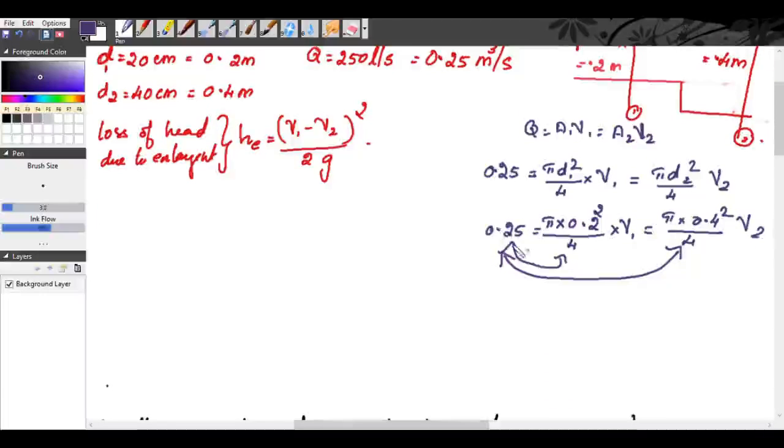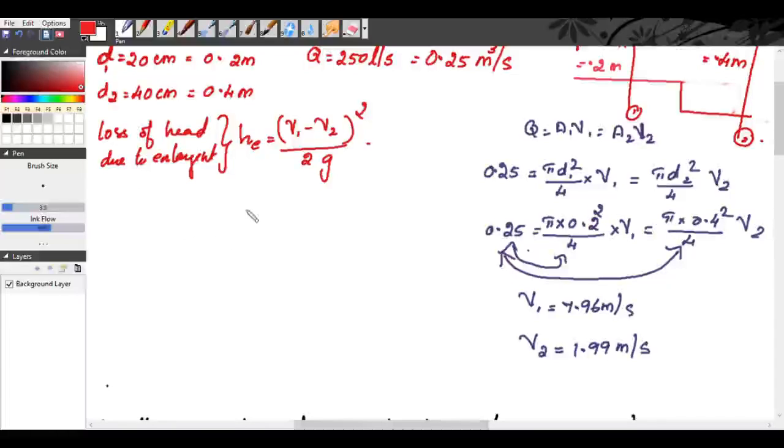So, equating these, we get V1 is equal to 7.96 meter per second and V2 is equal to 1.99 meter per second. So, after finding V1 and V2, we can substitute in the formula.